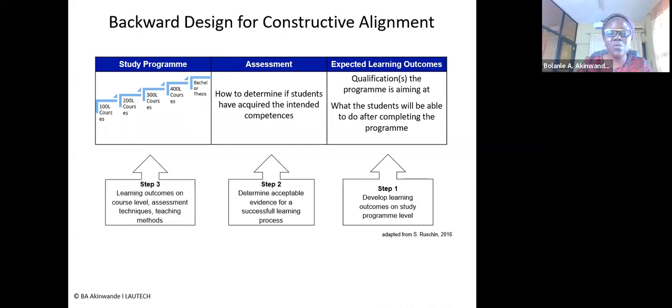While step three will be to develop learning outcomes on course level. This is the key word again. Step one is for program level. Step three is to develop learning outcomes on course level and the assessment techniques as well as teaching methods that will be used to do the teaching.